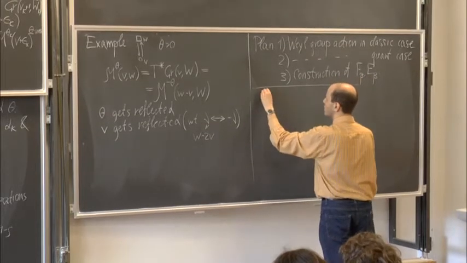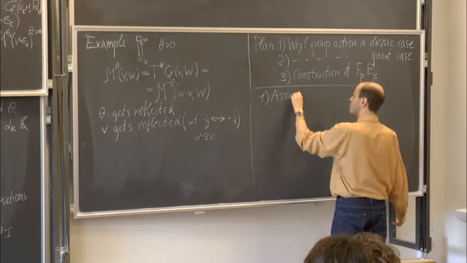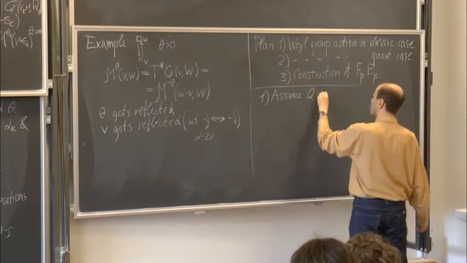So part one, we assume Q is without loops.